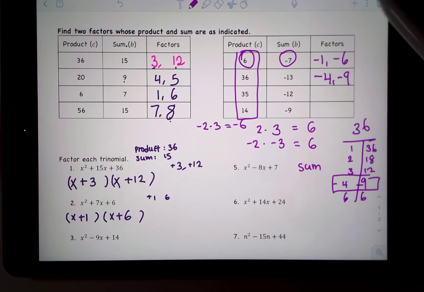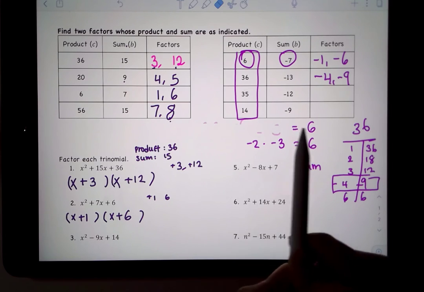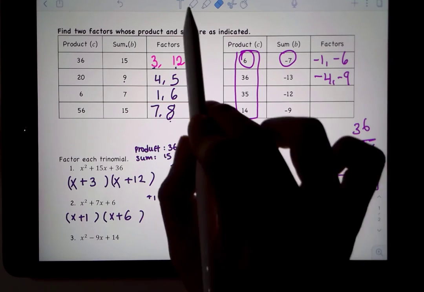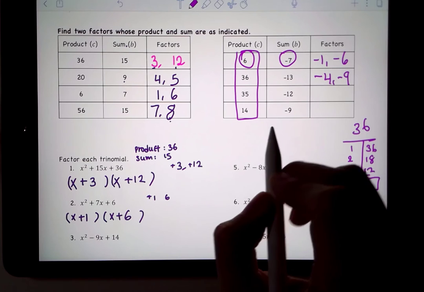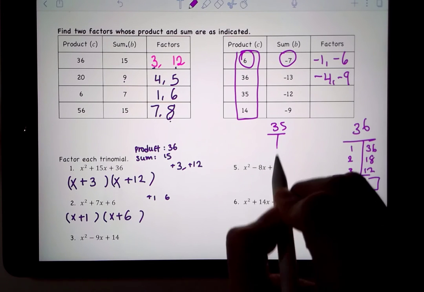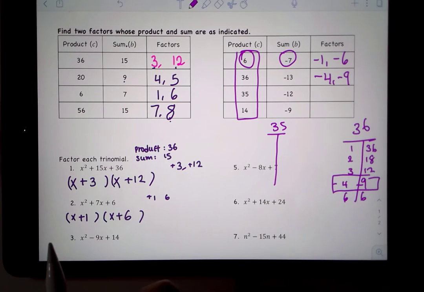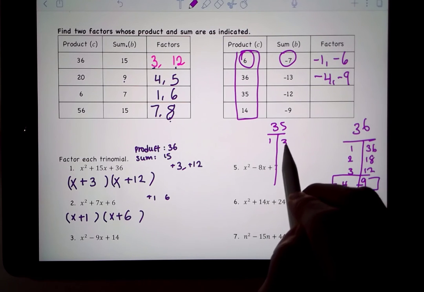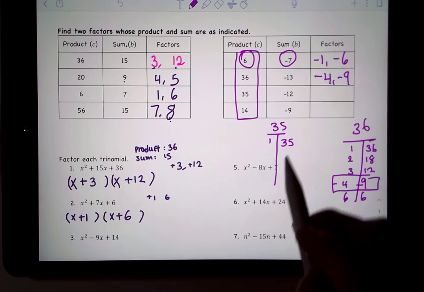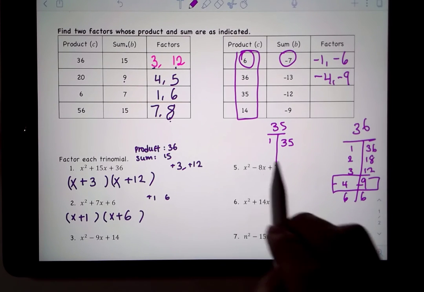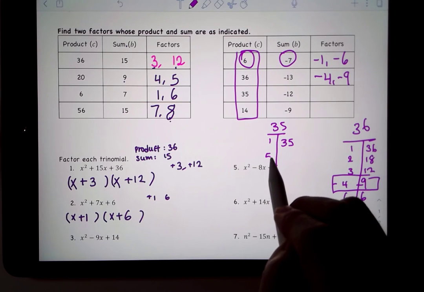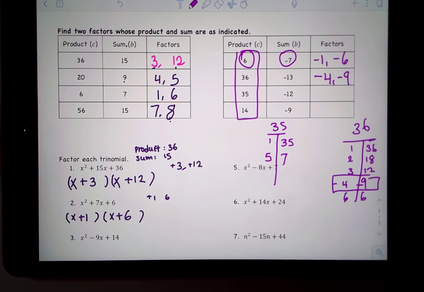Okay, and let me try 35. It's the same thing. You break it down. 1 and 35, 2 does not work, 3 does not work, 4 does not work, 5 and 7, right? 5 and 7, that's it. 35, 5 and 7.